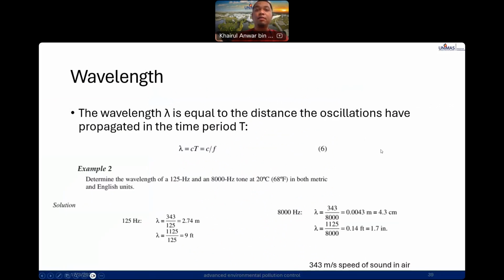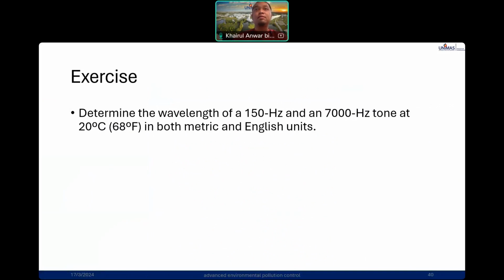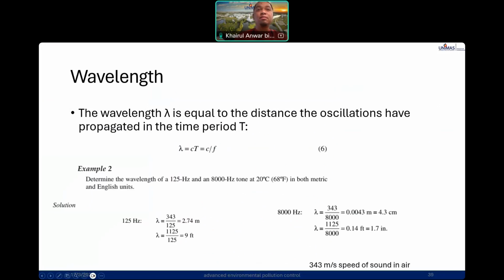Okay, let's try this exercise. Determine the wavelength of a 150 Hz and a 7000 Hz tone at 20 degrees C. So meaning the c is 343 or 1125.